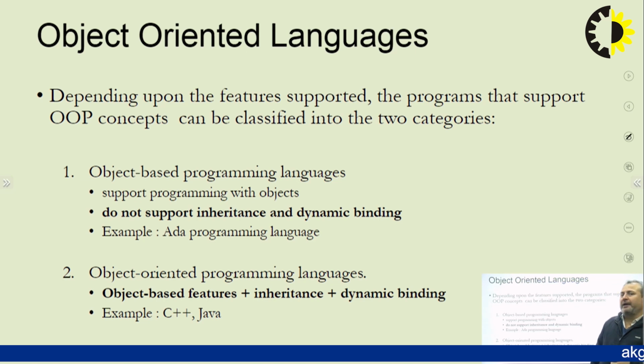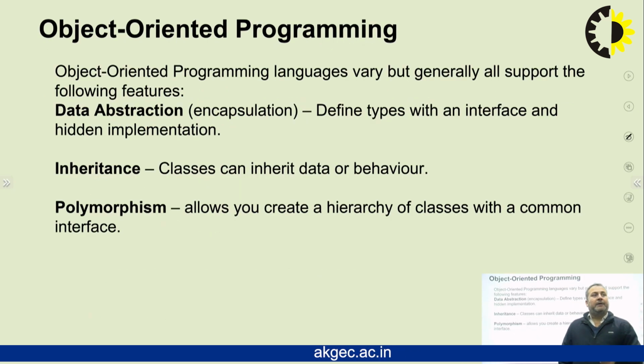While object-oriented programming languages consist of all the features of object-based, like object, class, plus inheritance and dynamic binding. Object-oriented programming languages support all the following features like abstraction, inheritance, and polymorphism.